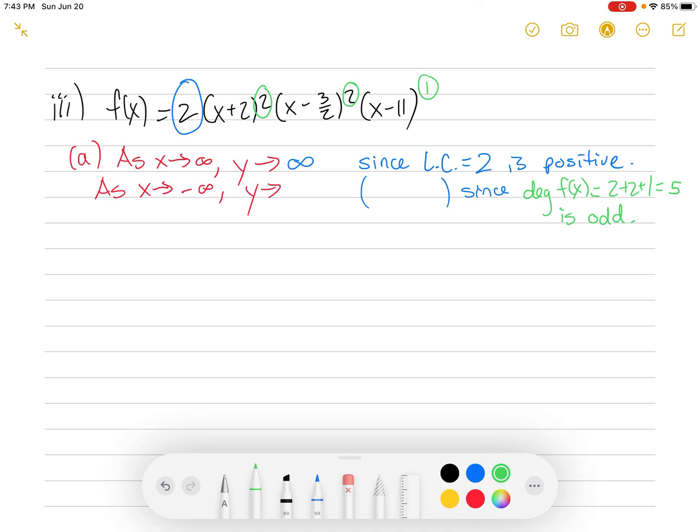So when I have an odd degree, which is 5, the left side is going to do the opposite of the right side. So on the right side, y was going to infinity. So on the left side, y is going to go to -infinity. Okay, so that's done, the right hand behavior and the left hand behavior. Now let's focus on the different zeros.